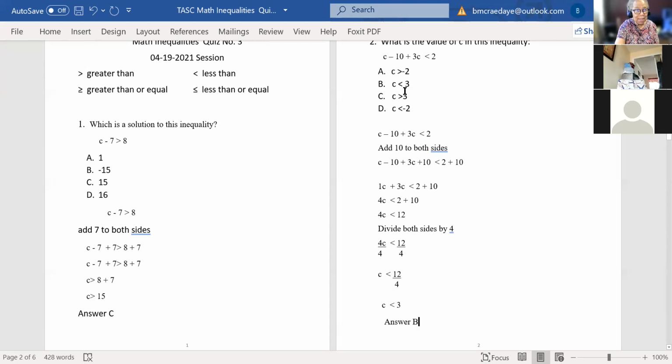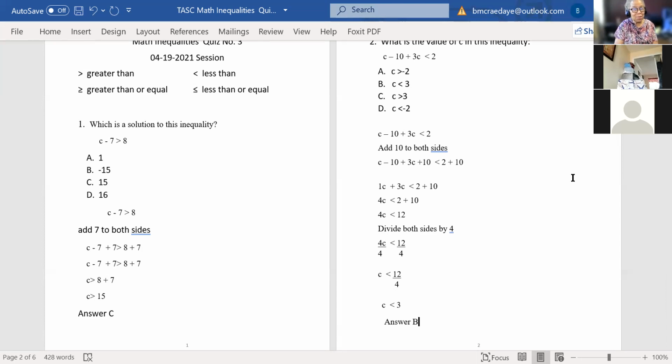So you can eliminate all the greater than choices. You can eliminate the A, that's a greater than. You can eliminate the C, that's a greater than. Now you're between B and D. And you've got a better chance of getting it right with 2 choices versus 4, right?